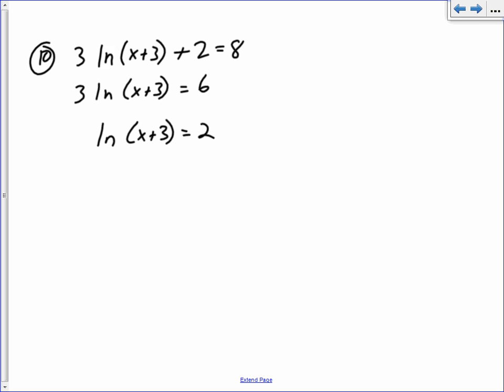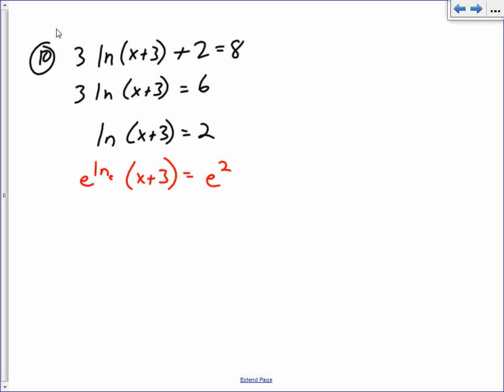The only thing that we have to add new to this chapter is understanding that natural log is base e. So when I do natural log of e to the x plus 3 equals, well, if I do that to this side, I have to do it to that side. I have to exponentiate that side.